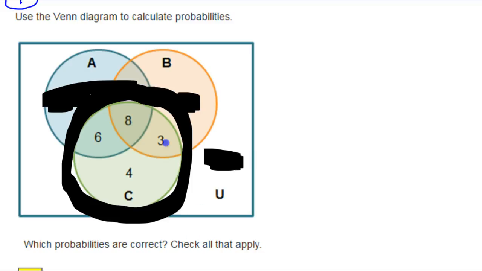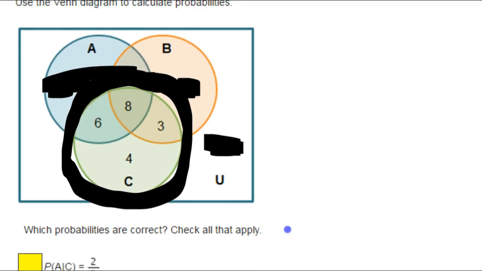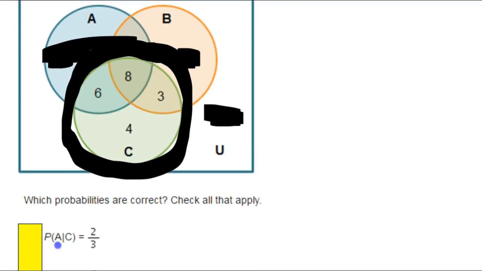Alright, so in this smaller C universe, we're supposed to now find the probability of A. Within this universe, we're looking for target over total, A over total. Looking at A up here, you know that the 6 and the 8, these are the A's. So 6 plus 8 is 14. So that's going to be target over total.